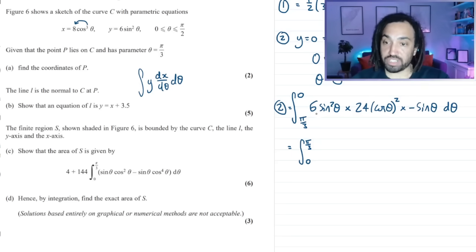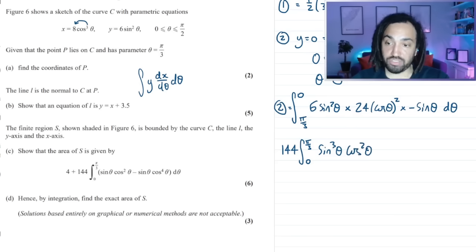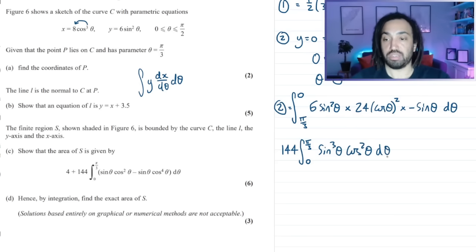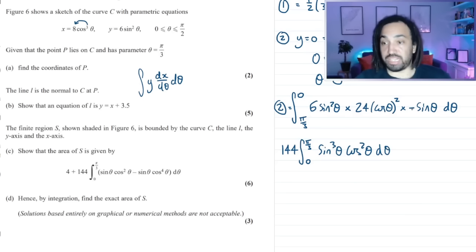We're going to have 6 times 24, which is 144, and that's a constant, so we can keep that outside of the bracket. So now we're going to have sine cubed theta, because we've got sine squared and a sine, and that's times by cos squared theta. Okay, great. And again, the minus was taken care of because we swapped the limits around.